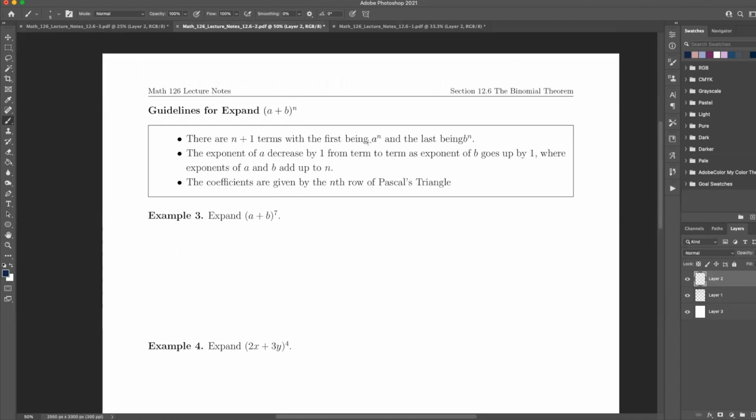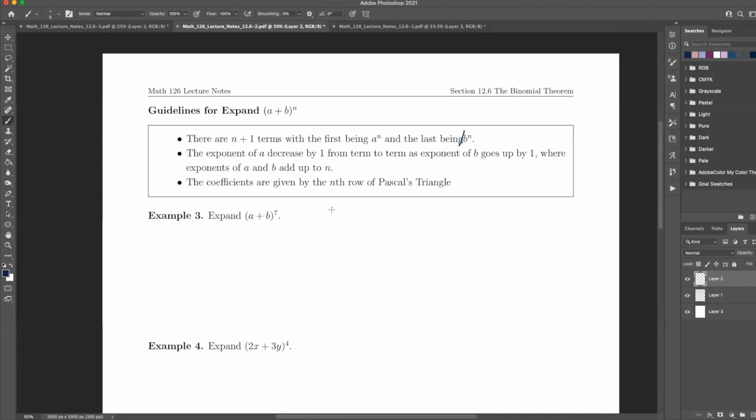So the first one being a to the n, and the last one being b to the n, right? The exponents of a decrease by 1 as you go, and b goes up by 1 as you move across the terms. The exponents of a and b always add up to n, and the coefficients come from the nth row of the Pascal triangle.